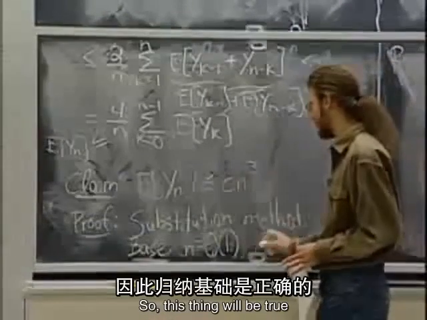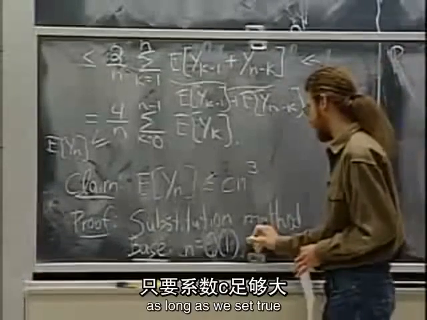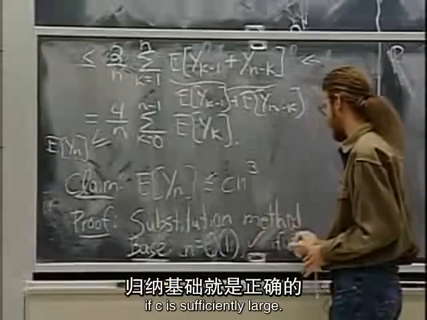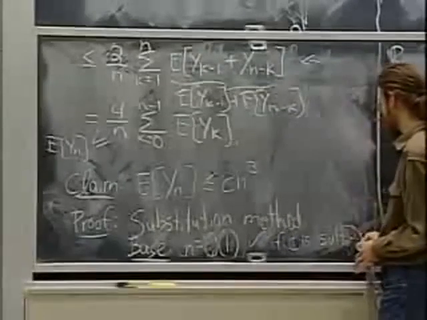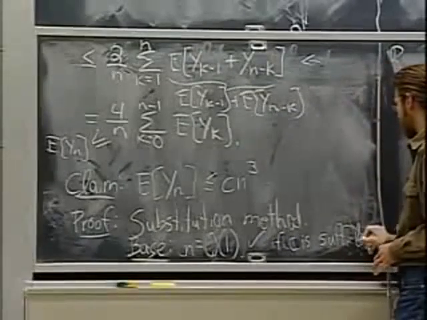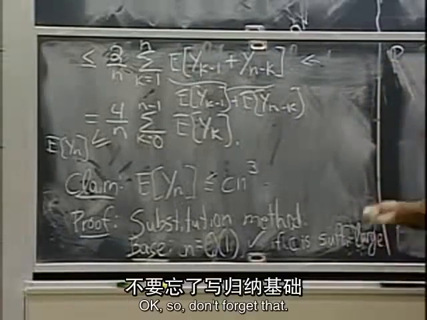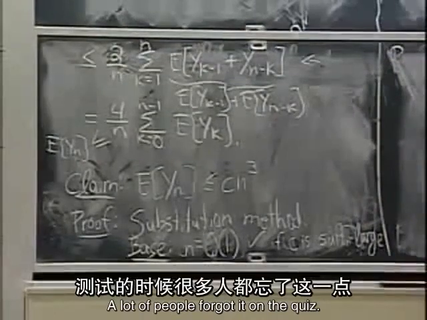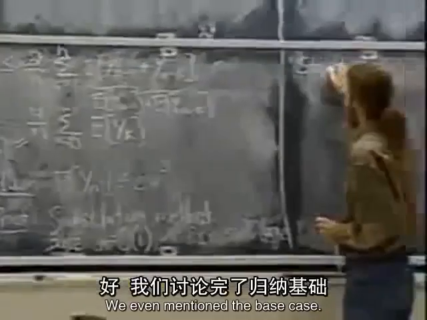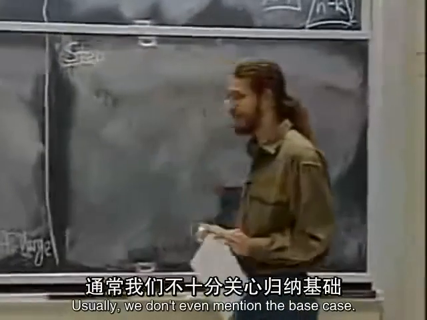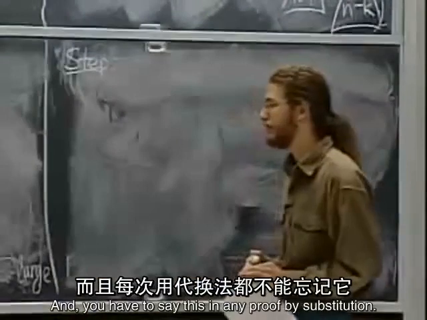So this thing will be true as long as we set C sufficiently large. Okay, so don't forget that. A lot of people forgot it on the quiz. We even mentioned the base case. Usually we don't even mention the base case, and you should assume that there's one there, and you have to say this in any proof by substitution.